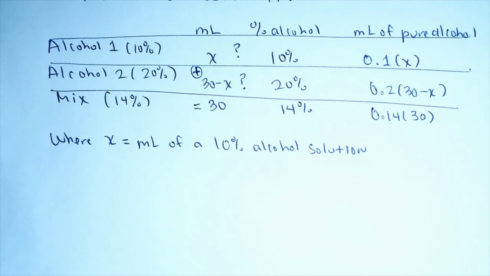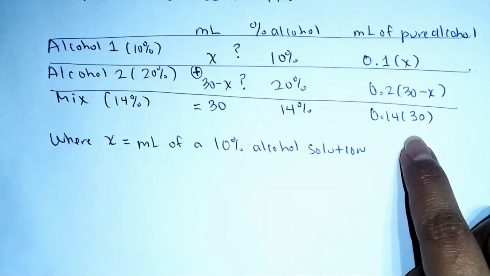So how is it gonna go down? If you're going the table route and you're able to successfully complete the table, then that's it. The equation is just going to come out. We know how much pure alcohol is in the mix, but where did that number come from?